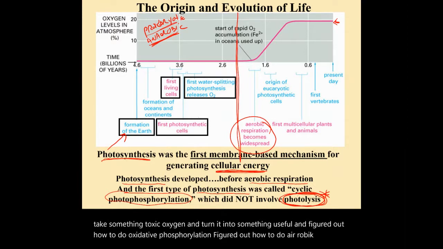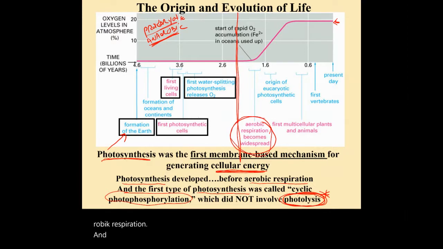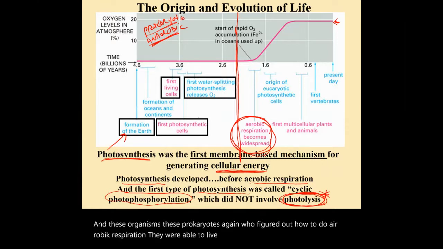And these organisms, these prokaryotes again, who figured out how to do aerobic respiration, were able to live and thrive in areas where anaerobic cells could not. So this became a big boom.